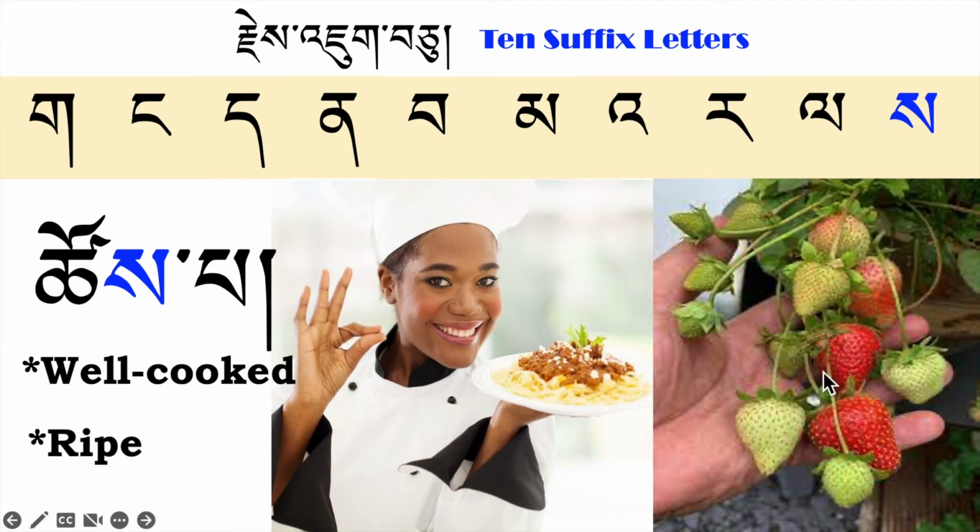For example, this strawberry is ripe, ready to eat, and these are not ready. So ready-to-eat food, and of course ripe fruit, is chepa. It's the same word, but English has a different word and term.